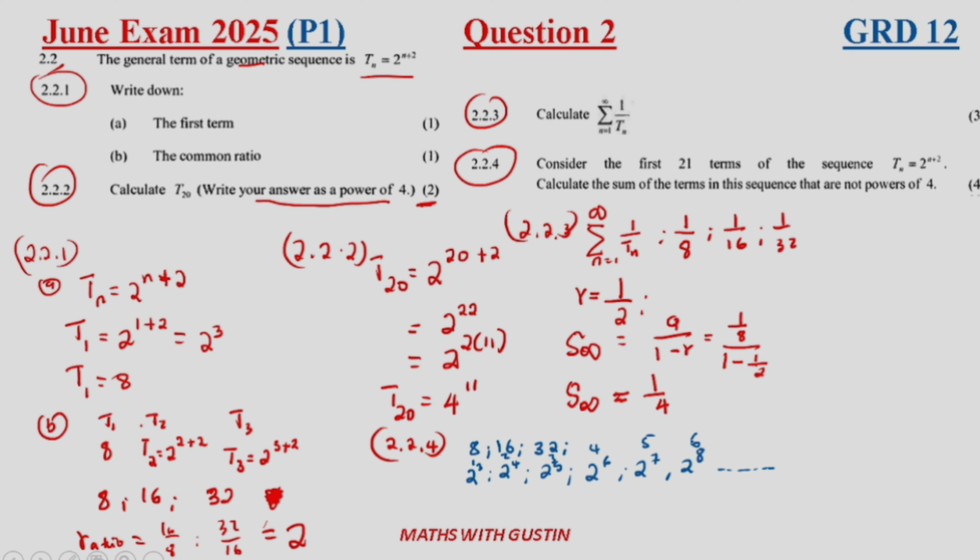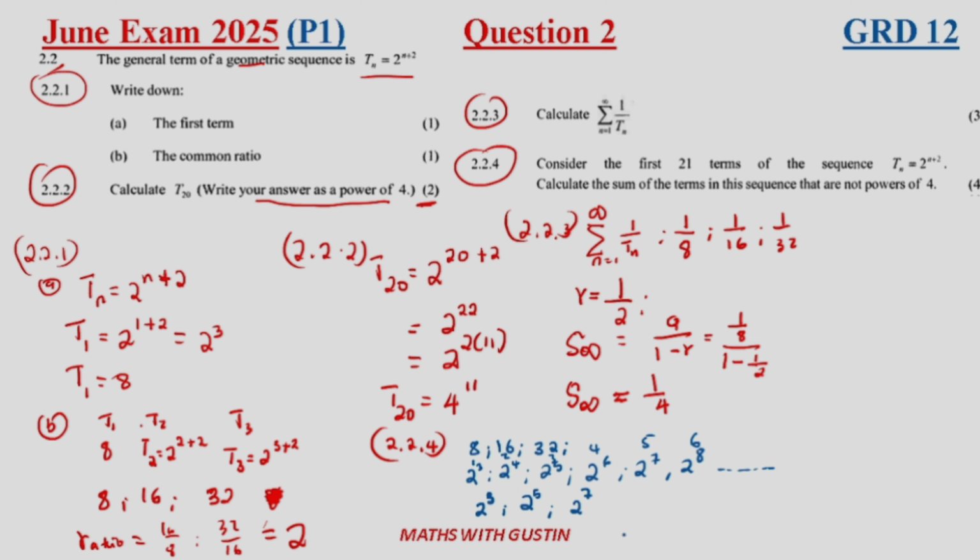Okay, so let's see. Here this would be 2 to the power of 3, and then 2 to the power of 5, and then 2 to the power of 7.